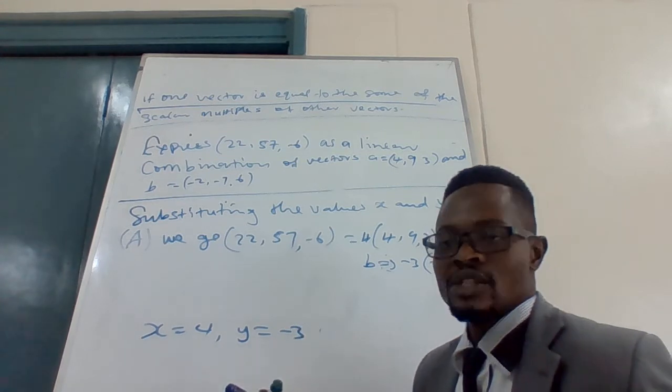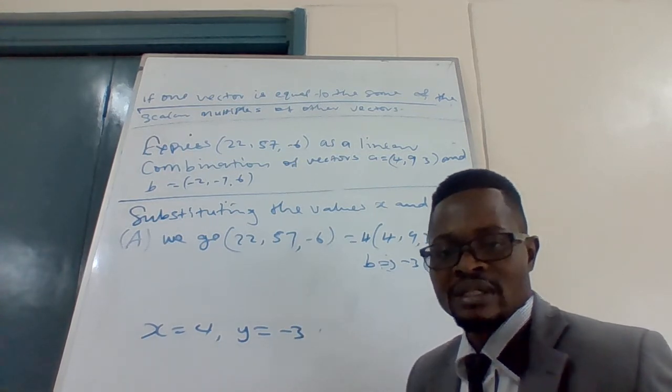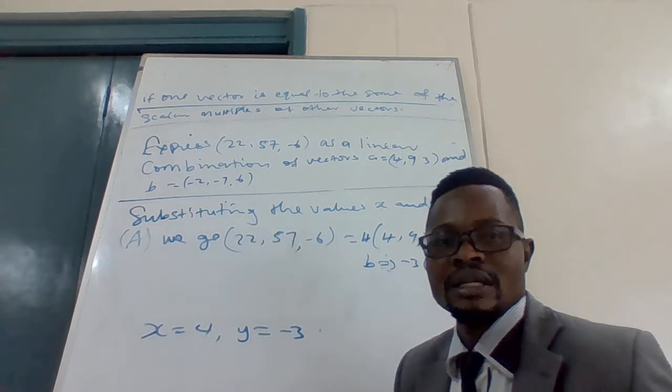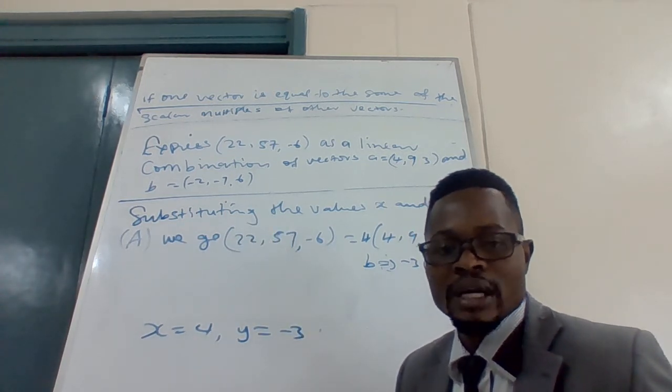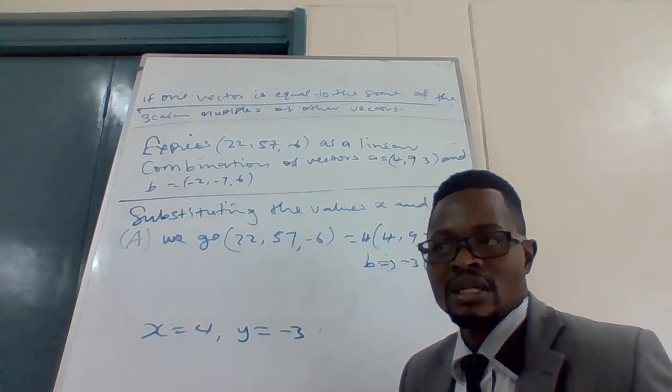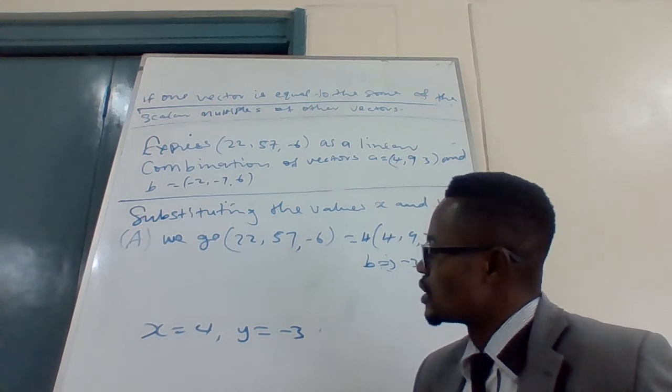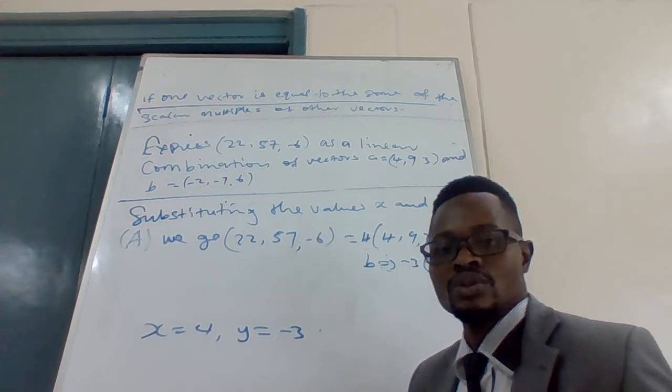Then use x, y, or z if you are given three vectors. But don't forget to always indicate the bar on alpha or x, because this is an arbitrary element and it is a vector, so it needs to show direction. That's exactly what we were expected to do in this video.